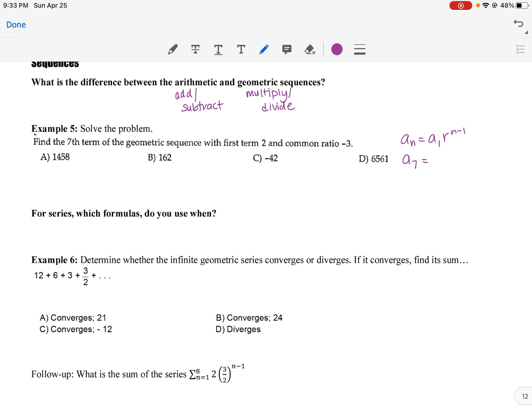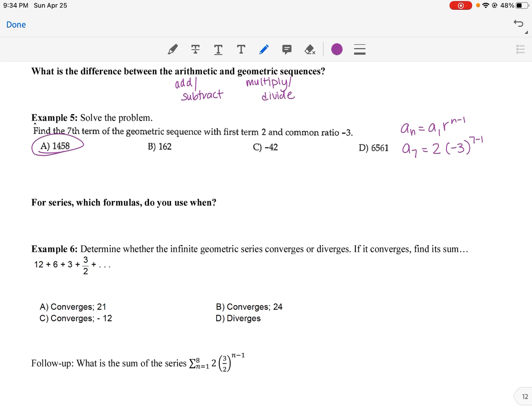So if we're finding the 7th term, our first term is 2, our common ratio is negative 3, and we're doing 7 minus 1, which you could call 6, but at this stage it's just making sure you type things in correctly, and we get 1,458.